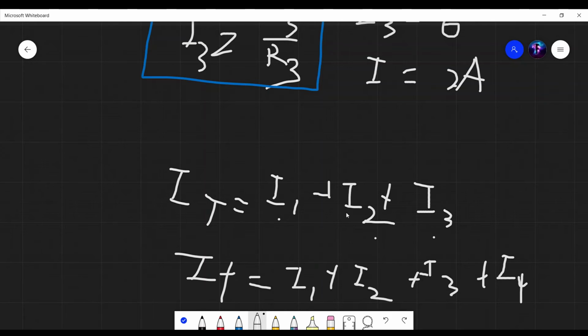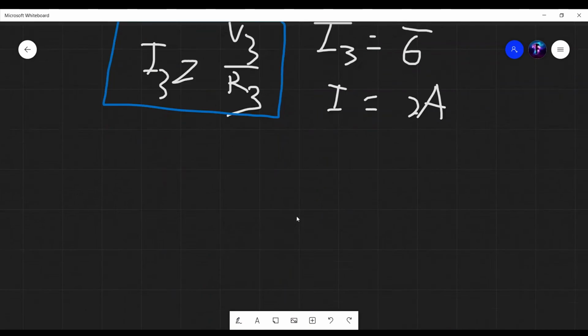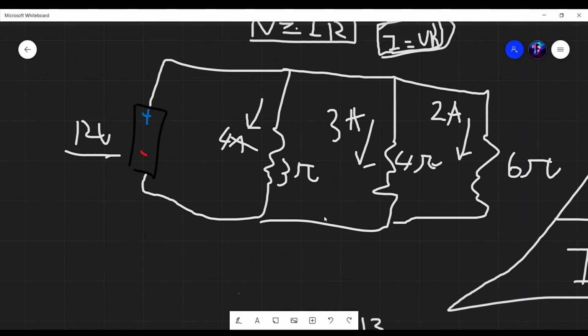So since we have 3 different kinds of amps, we're gonna have I1 plus I2 plus I3. So I1, if I go up here, is 3. I2 is 4. No, I keep on getting confused. Sorry. I1, that's the text. I1 is 4 amps.